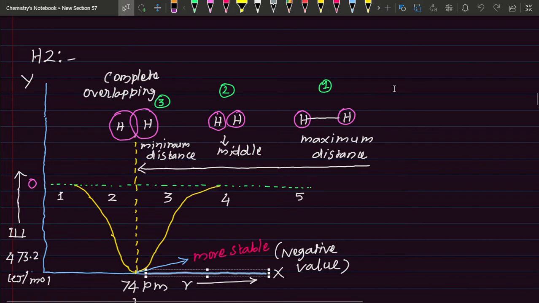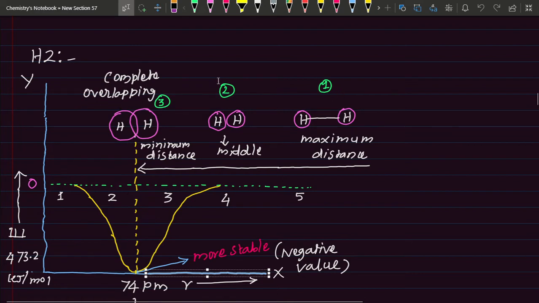If two hydrogen atoms come toward bond formation, this is the maximum distance, this is the middle distance, and this is the very less or minimum distance possible for bond formation.